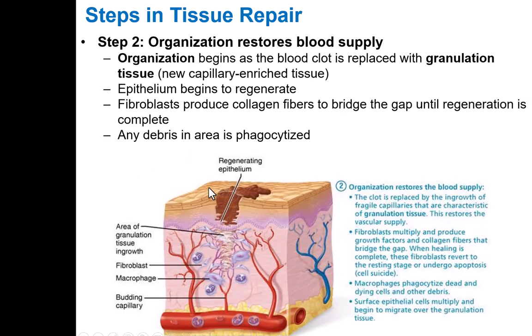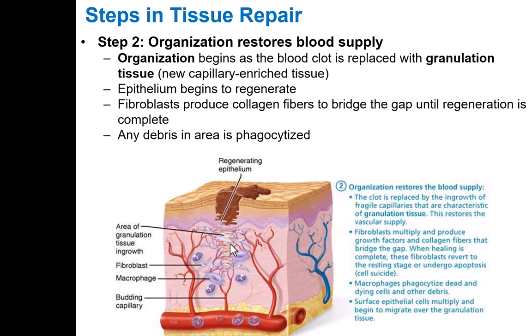Step 2, organization restores the blood supply. Organization begins as that blood clot gets replaced with granulation tissue, so new capillary-enriched tissue. So we're really starting to fill in the gash or the damage here.